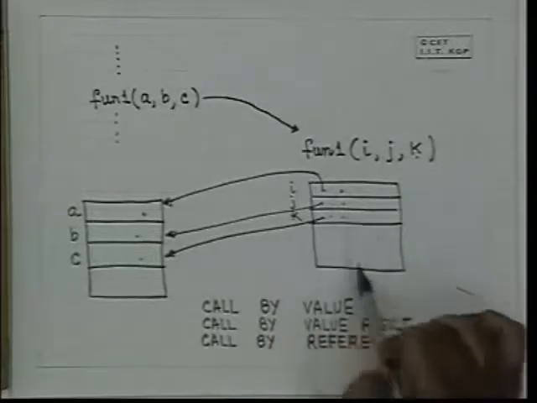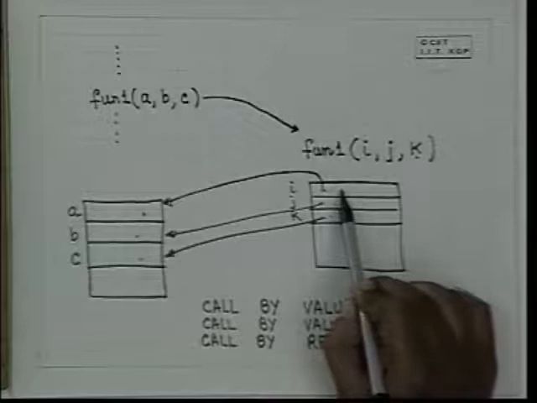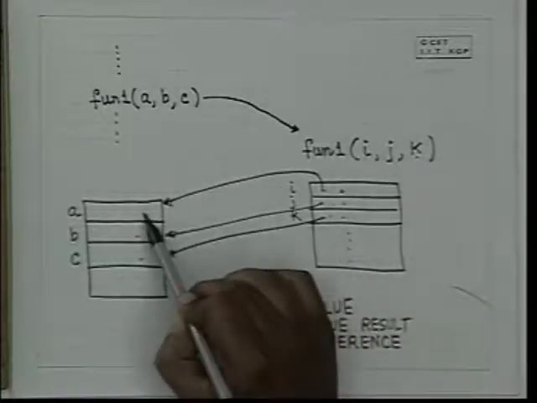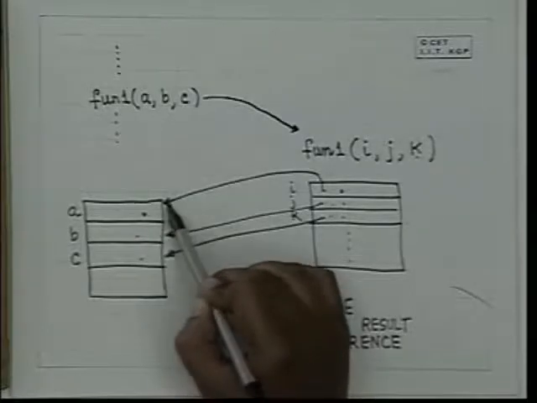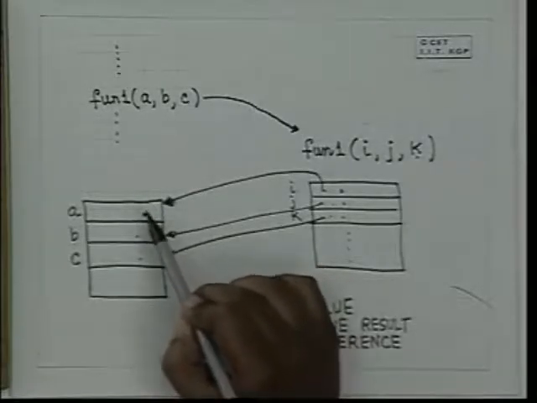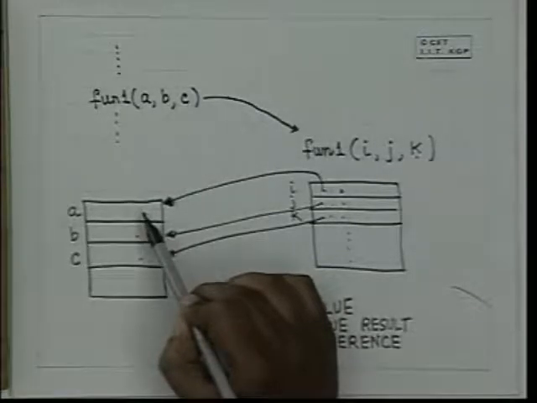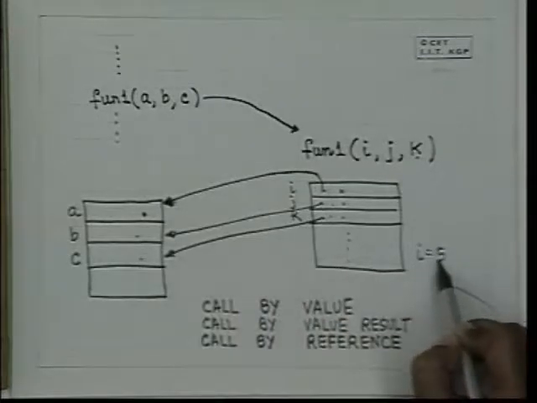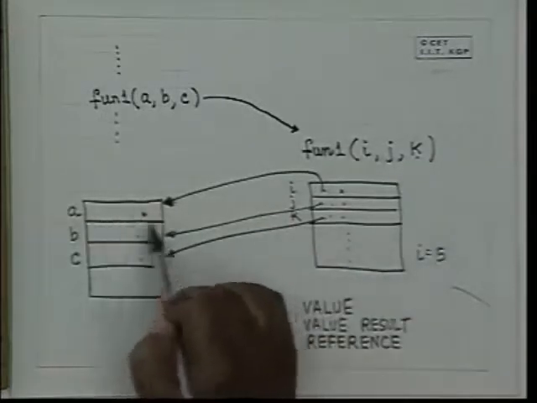And whatever you do here, whenever you update i here, this address is taken and this value is modified. The modification is done on the content of this address here. Alright, so if you write i equal to 5, then here there is a change.